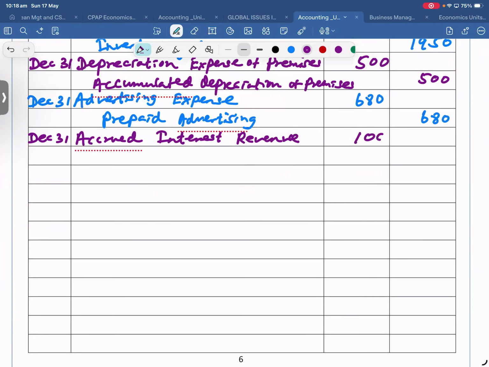And where do you credit, guys? Interest revenue. Revenue increases, credit. Yep. 200. Right.